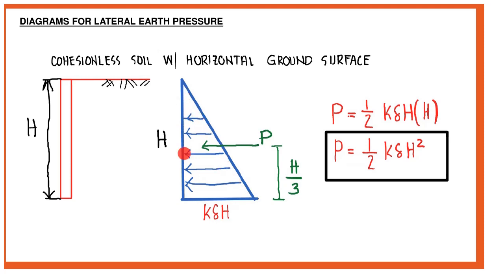The area of this triangle, which is equal to 1/2 K unit weight height times the height. Kasi i-multiply nyo din ito. Okay? So, our pressure here is equal to 1/2 K times unit weight times h squared. So, yan yung equation natin if we have this particular diagram.